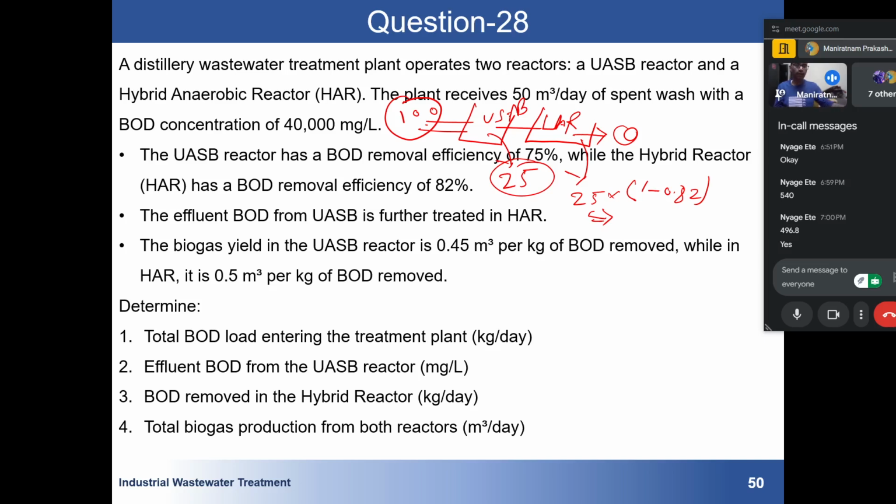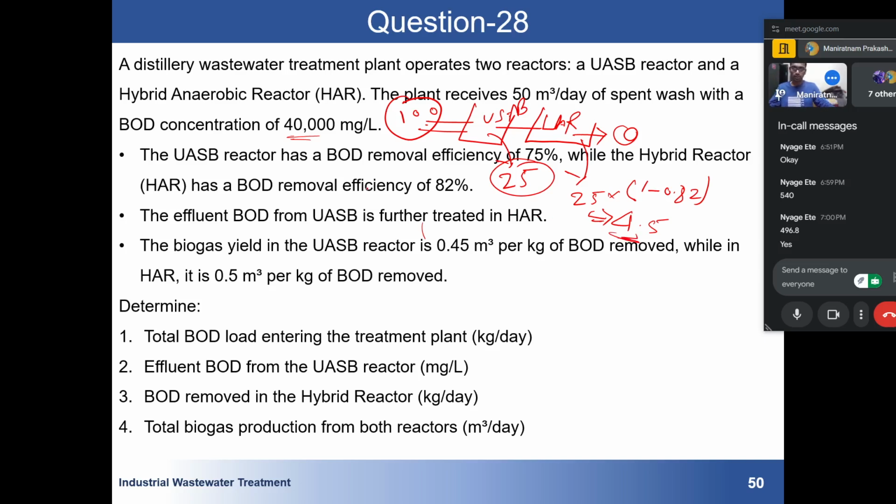So the concentration finally will be 4.5. Are you getting it? Similarly here, as the concentration is 40,000, we multiply it by 400. So the final concentration will be this much lower.